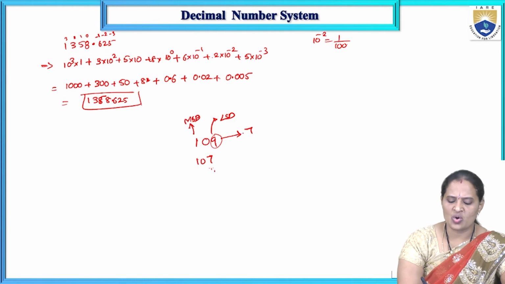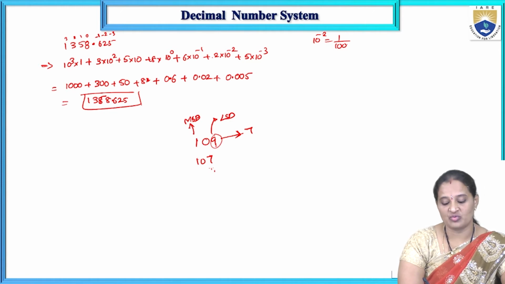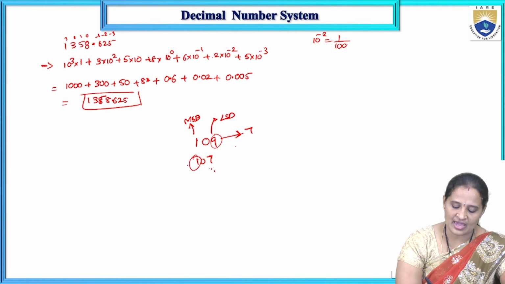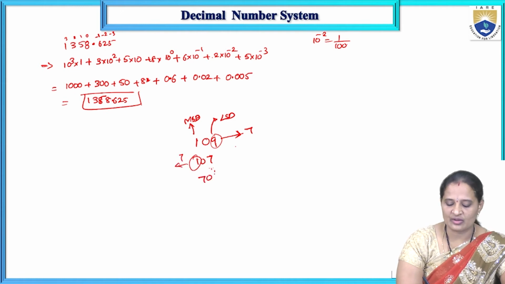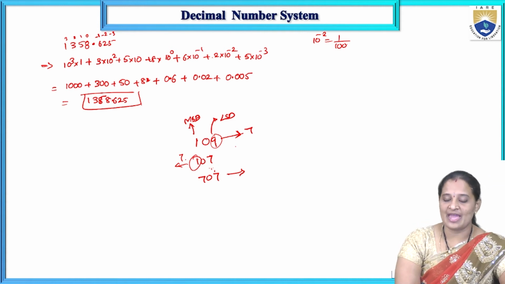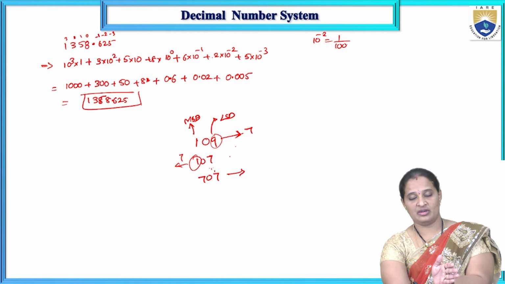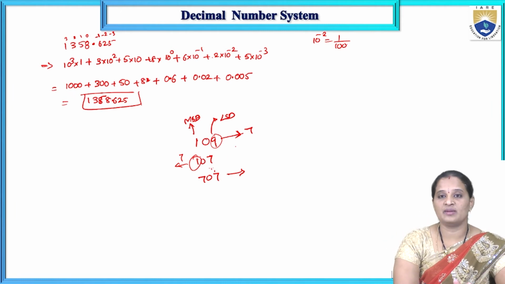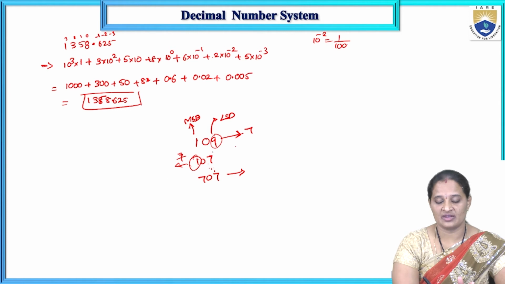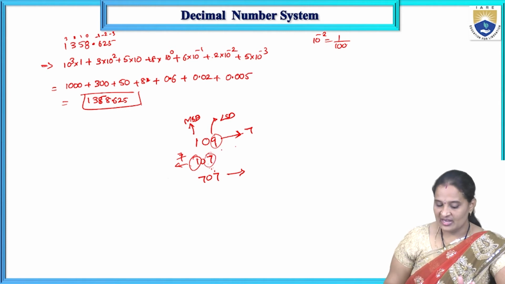So there is not much change when we change the rightmost digit; the value of the number changes only slightly. But if I make the MSD 7, then the value is 707, right? So if I change the leftmost digit, the value of the number changes significantly. That is why the leftmost digit is known as the most significant digit, whereas the rightmost digit is known as the least significant digit.